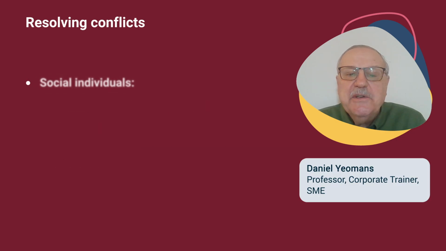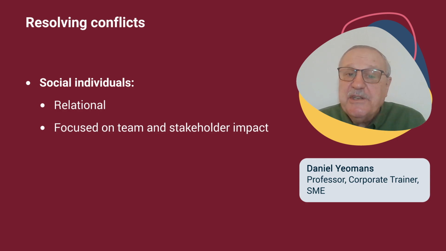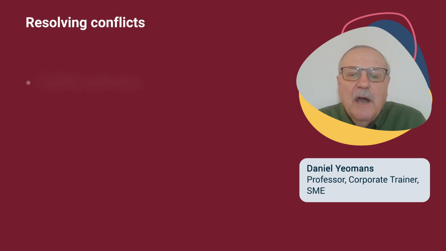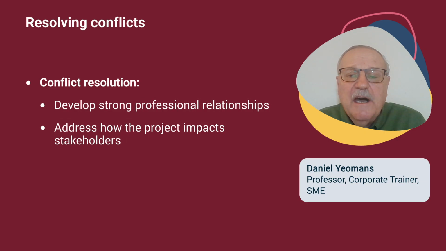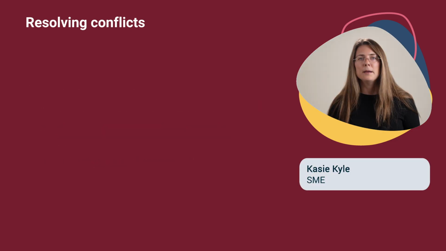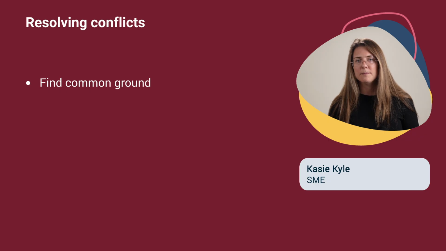And finally, social individuals are relational and concerned about the impact on stakeholders and the team. Address conflict by taking time to develop professional relationships, be willing to address the impact of the project on stakeholders, and by all means be inclusive and respectful. My approach to resolving conflicts between different styles really focuses on finding common ground.